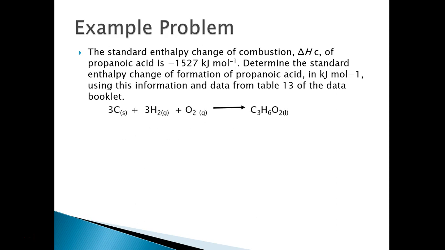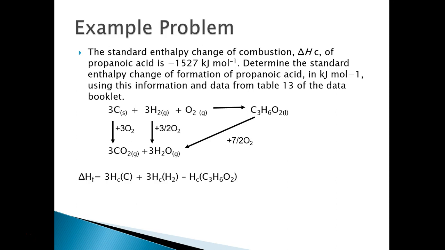Okay. So first we write an equation for the process, and this is balanced. Next, we're going to set up the combustions of carbon and hydrogen to produce CO2 and water vapor, and then we'll connect it with the heat of combustion of propanoic acid.